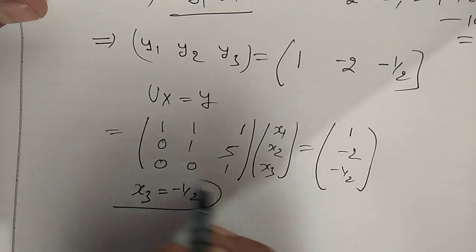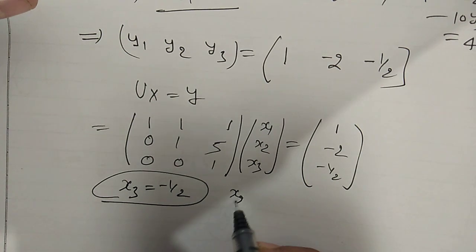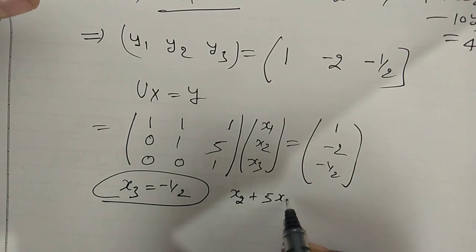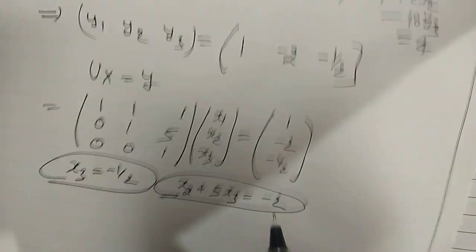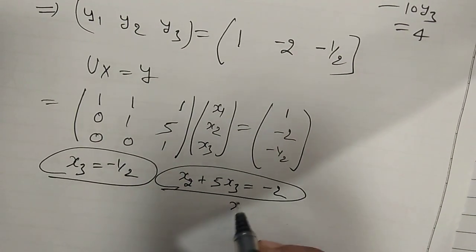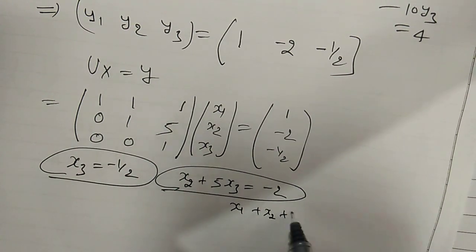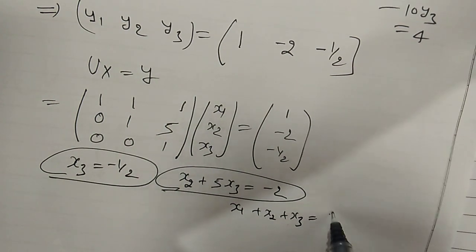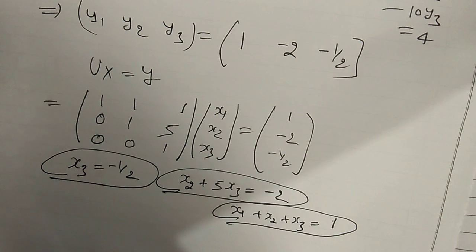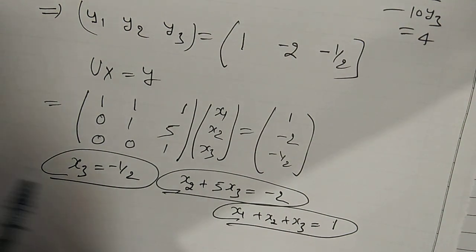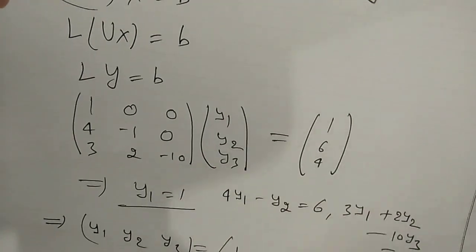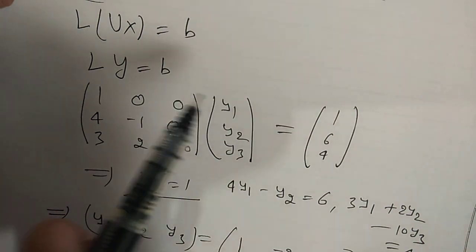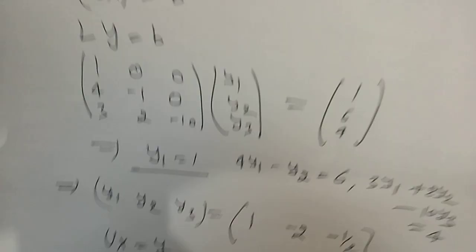The second equation is x2 plus 5x3 equal to -2, and the first is x1 plus x2 plus x3 equal to 1. This is called back substitution: first we get x3, then x2, then x1. When we have a lower triangular matrix, it is called forward substitution: first we get y1, then y2, then y3.